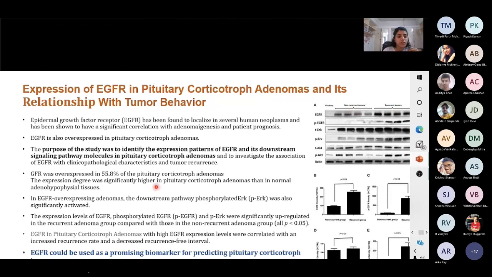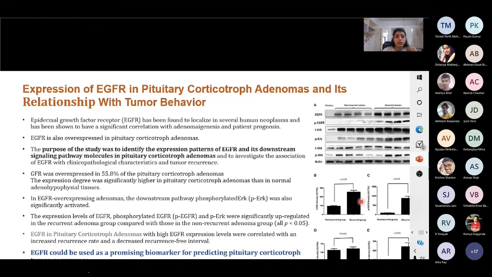In EGFR-overexpressing adenomas, the downstream pathways like pERK and other pathways were significantly activated. So it shows that the recurrent group, or the persons having these pituitary adenomas, have a high level of expression of EGFR receptor rather than the non-recurrent group.